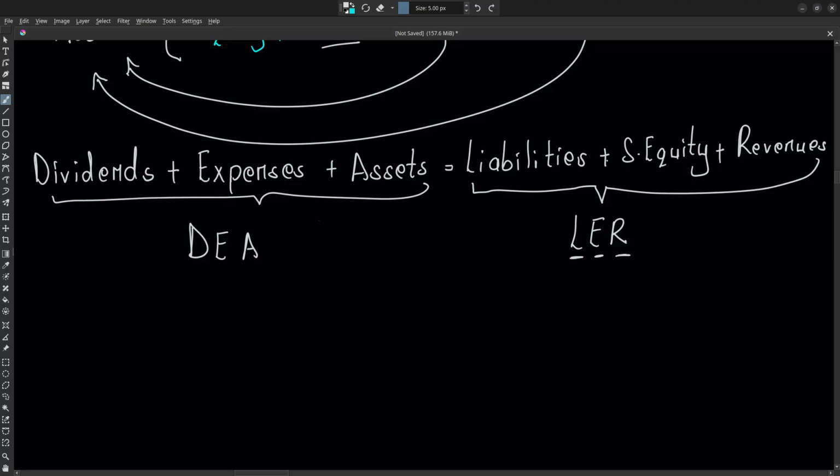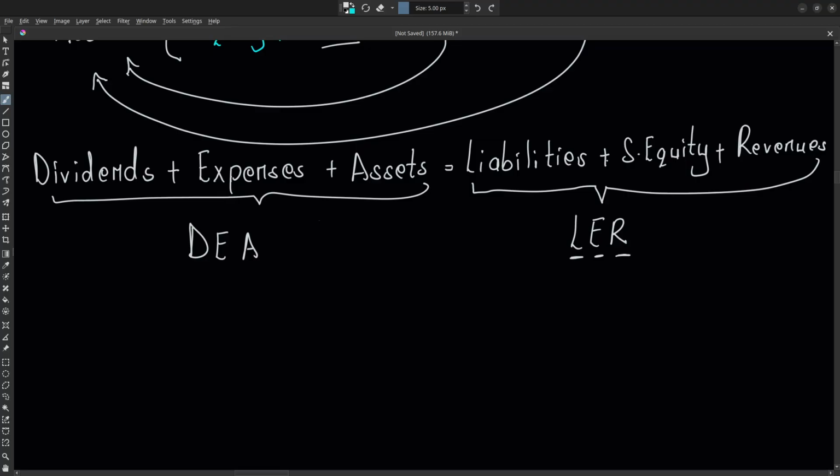Every time a transaction happens, there has to be a double entry. So you need to understand first what is increasing and what is decreasing, and on which accounts.